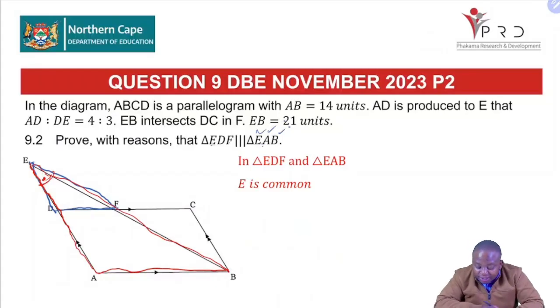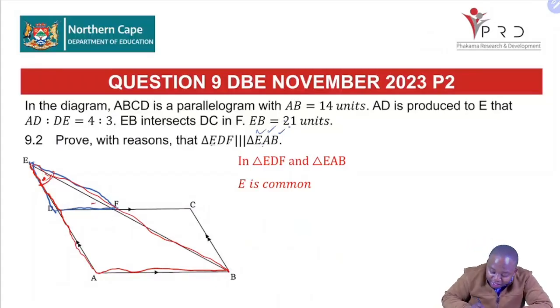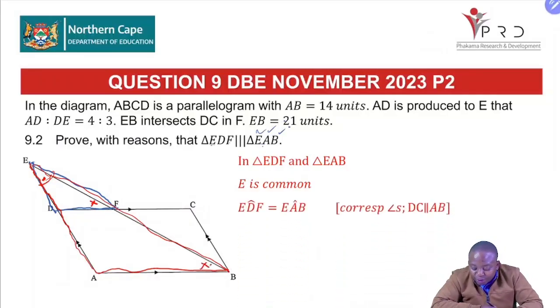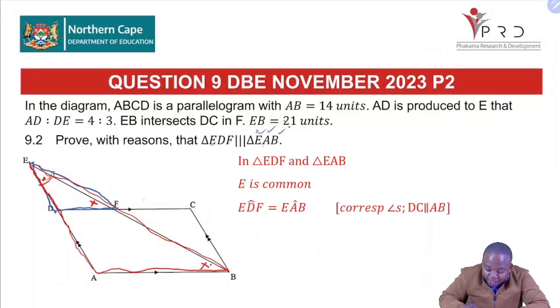Thereafter, I can see that the two lines are parallel. Then this angle and that angle must be equal using the corresponding angles. So angle EDF is also equal to angle EAB.